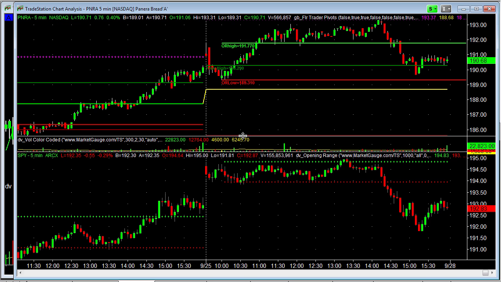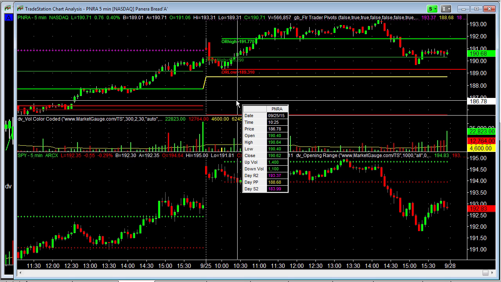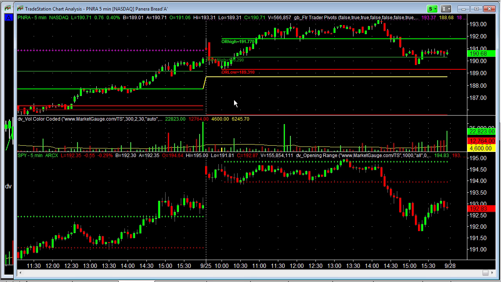However, if we take a look at the volume, if you've seen any of my videos or webinars on buying near the low of the day, we got the reversal pattern right near the opening range low. Then we got the biggest volume bar of the day following that. So that's a key confirmation.